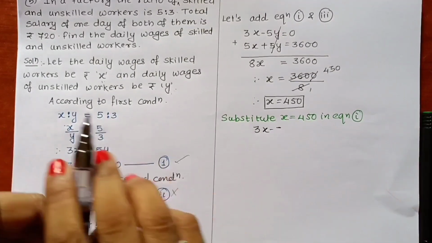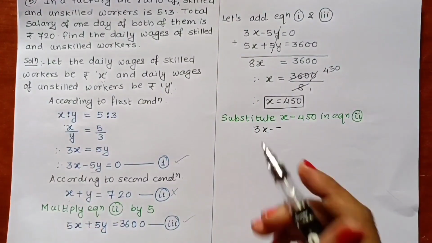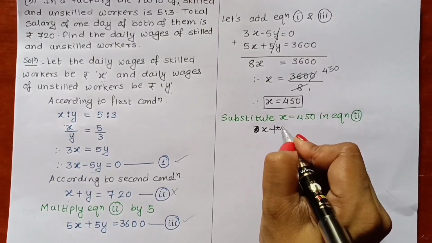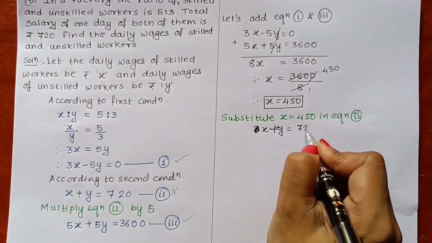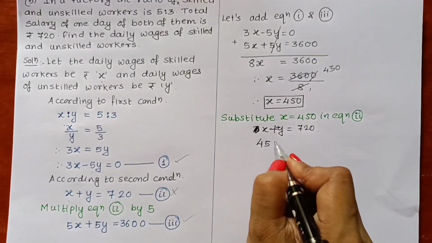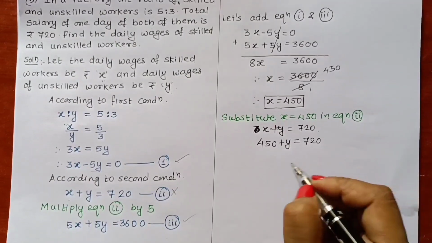It is very easy if you substitute in equation number 2. Okay, I will be substituting in equation number 2. So it is x plus y is equal to 720. So x is 450 plus y as it is, is equal to 720.